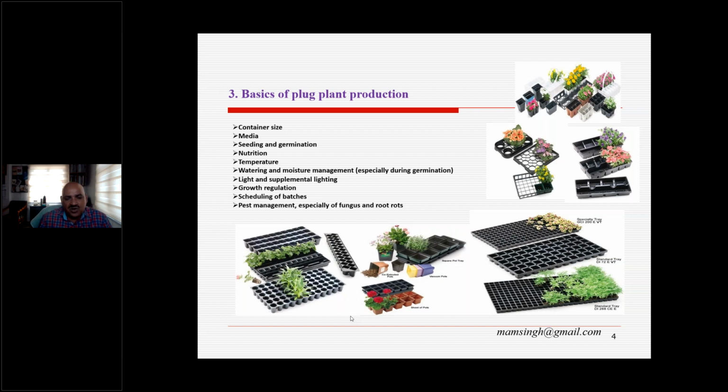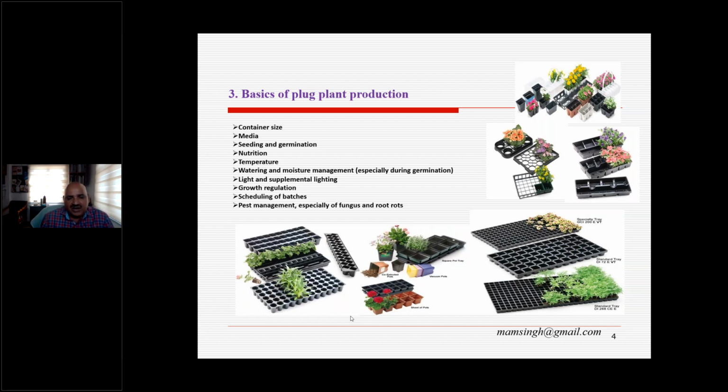Then we have to go for the smaller size, and if they continue up to 2 or 3 months, sometimes 6 months, then we have to choose the larger size pro trays with bigger cavities. It is important to note that some seedlings can be prepared in 18 to 20 days, and some go longer, say around 30 to 35 days.